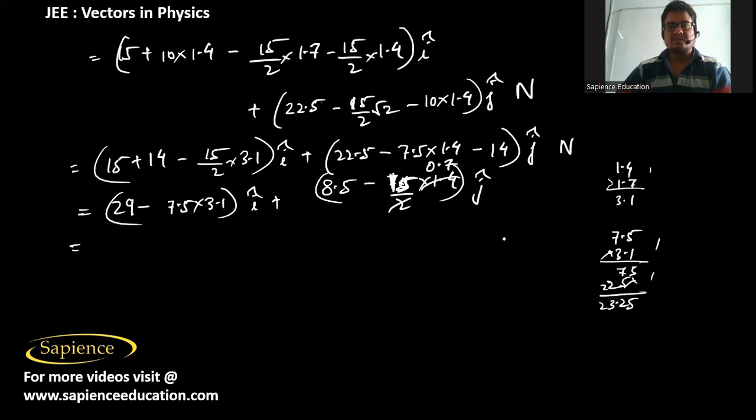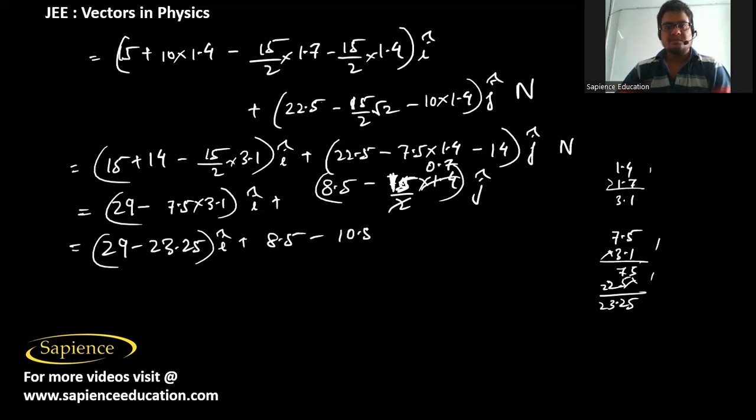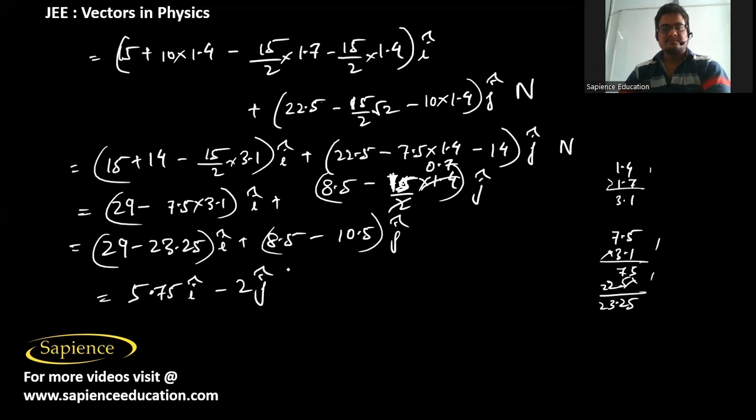So it is 23.25. So it is 29 minus 23.25 I cap, plus this is 8.5 minus 15 sevens are 105. So it is 10.5 j cap. So this will be equal to 5.75 I cap, minus 2 j cap.